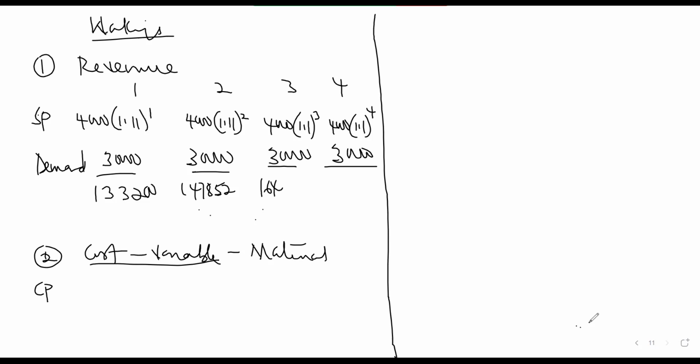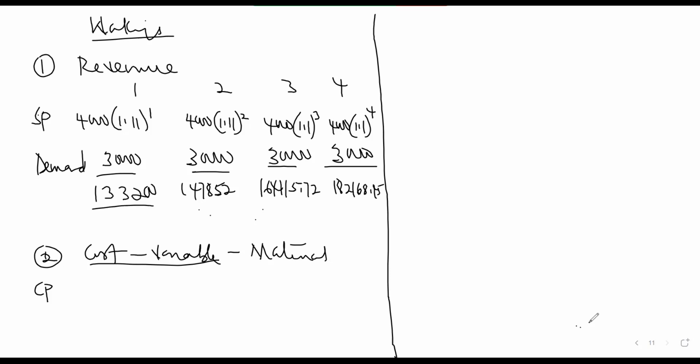164,115.72. Okay. Last one is what? You get 182,168.45.